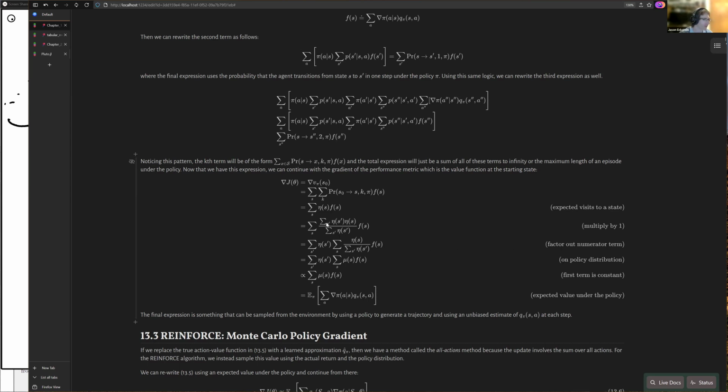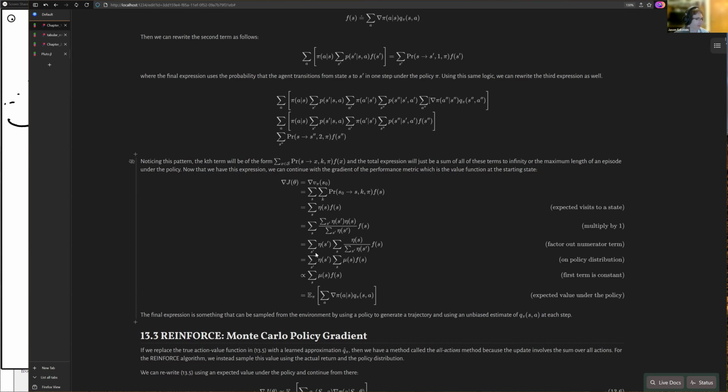Now, the purpose of this is to factor this term out, and then use this expression. What this is doing is taking the expected visits to a state and normalizing it by the total number of visits to every state. But this expression is just the on-policy distribution.